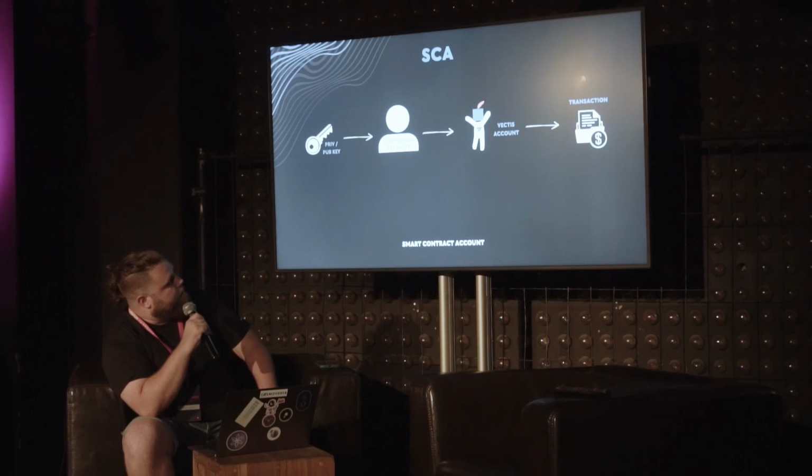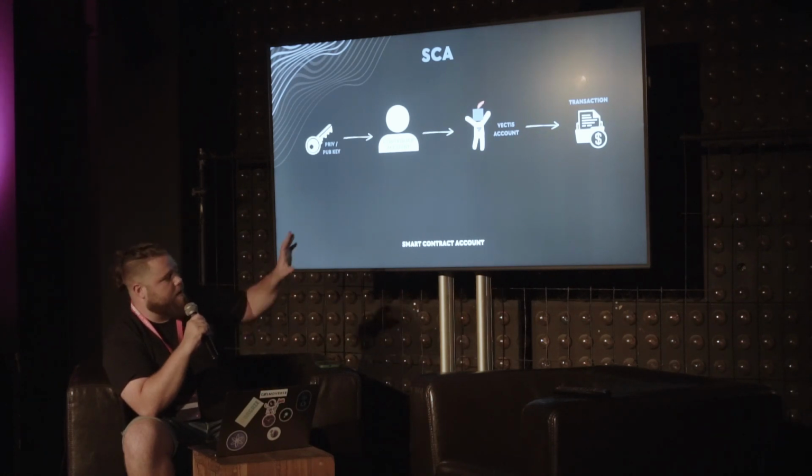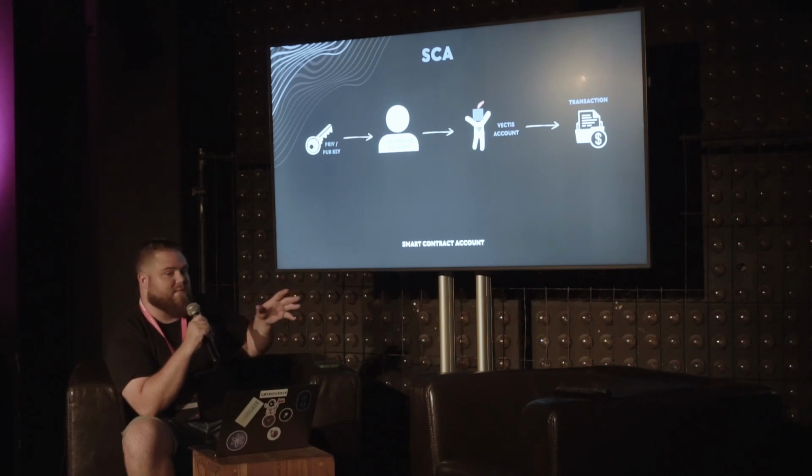The main difference is the account is a smart contract. The funds of your account are in that smart contract. That gives you flexibility: in case someone loses his key, the funds stay in the account.